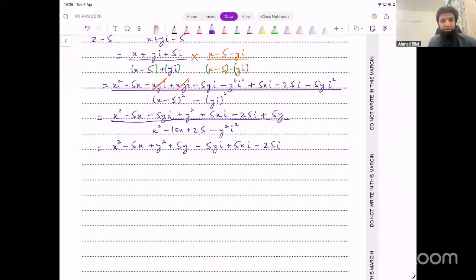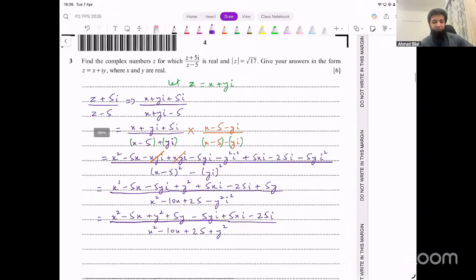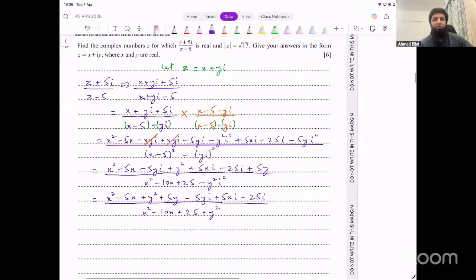These are the terms that are imaginary in the numerator. What about the denominator now? The denominator simplifies to x squared minus 10x plus 25 plus y squared. So when we simplify this fraction, this is what we end up getting eventually.